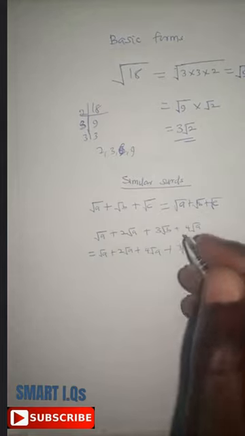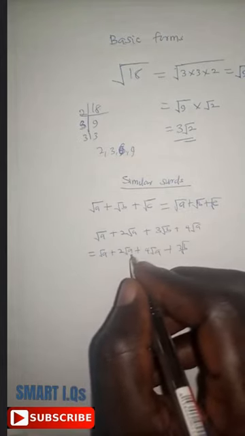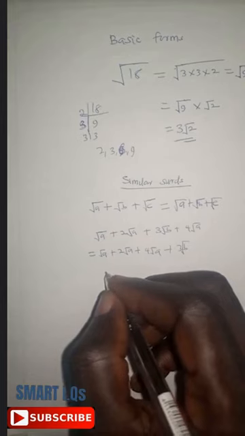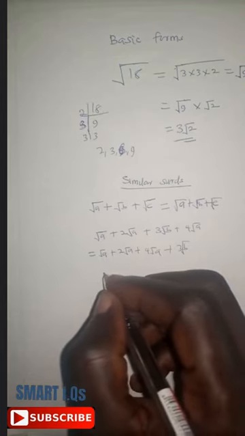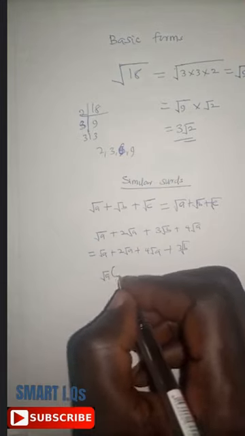Are we together? Good. Because they are similar, I can as well factorize them. What is common is the square root of A. So I open the bracket.